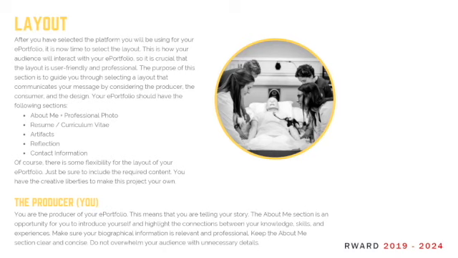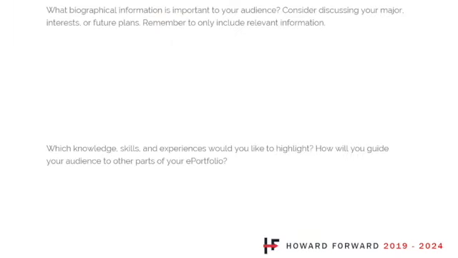You want to highlight the connections between your knowledge, skills, and experiences. Make your information relevant and professional, but keep it clear and concise. Don't overwrite. Here are some guiding questions, and I always make these presentations available on Blackboard, so you can go back and take a look at these guiding questions about how you decide what you want to highlight.